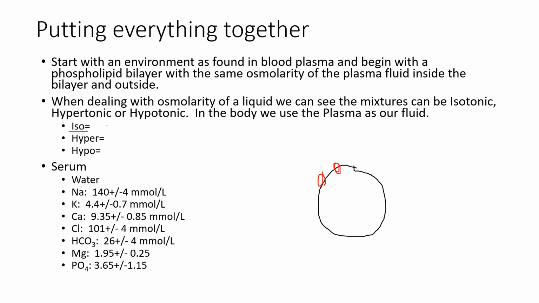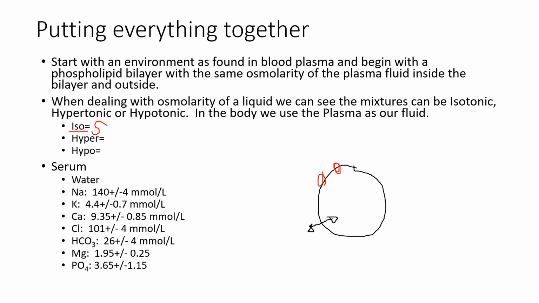Iso means same. And that means that fluid will actually move both in and out, but it will be at the same levels. So you won't have a net gain or loss. It's just fluid moving in and out. That's what happens in an isotonic solution.